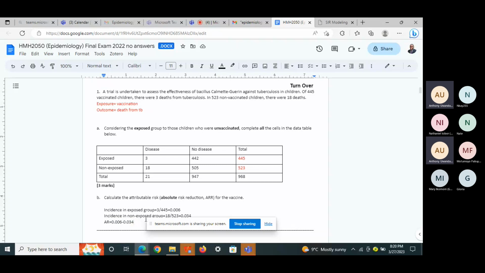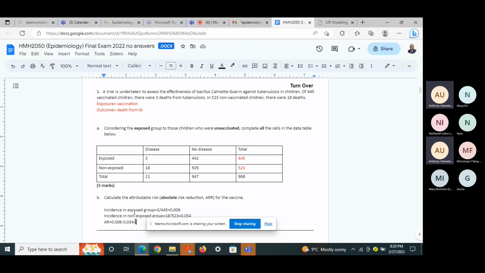It's actually the absolute risk reduction. The negative value tells you that it is protective in nature. So whether I do 0.034 minus 0.006 or 0.006 minus 0.034, the answer I'm going to get here is always a positive value. That is what I'm trying to emphasize.